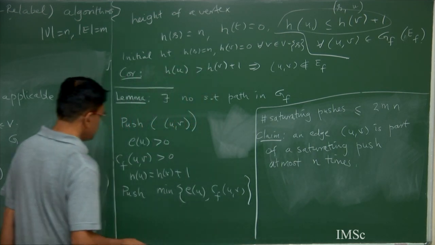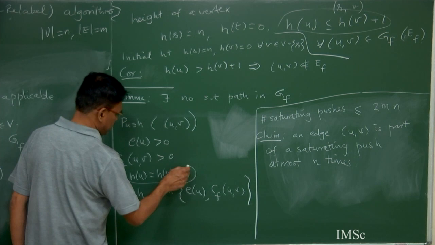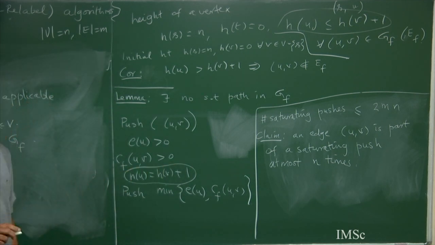Because remember, we push only if this condition is satisfied. Oh, one other thing I forgot to mention, which we again verified last time, is that after every push and relabel operation, what you have is a preflow and a legal height function.